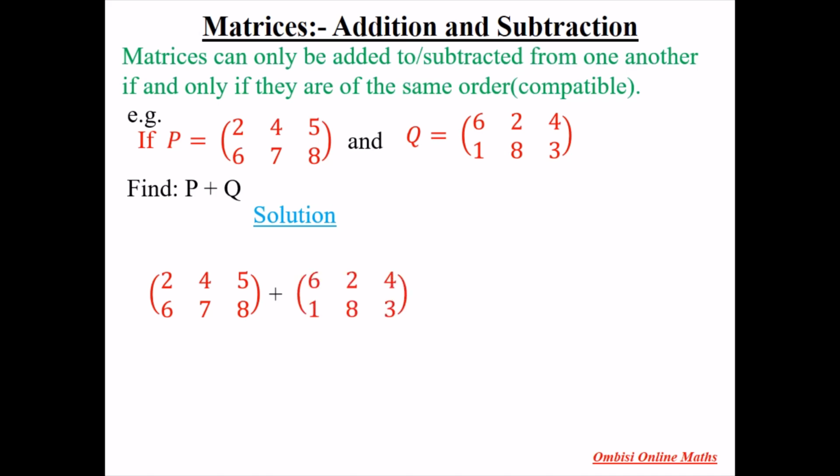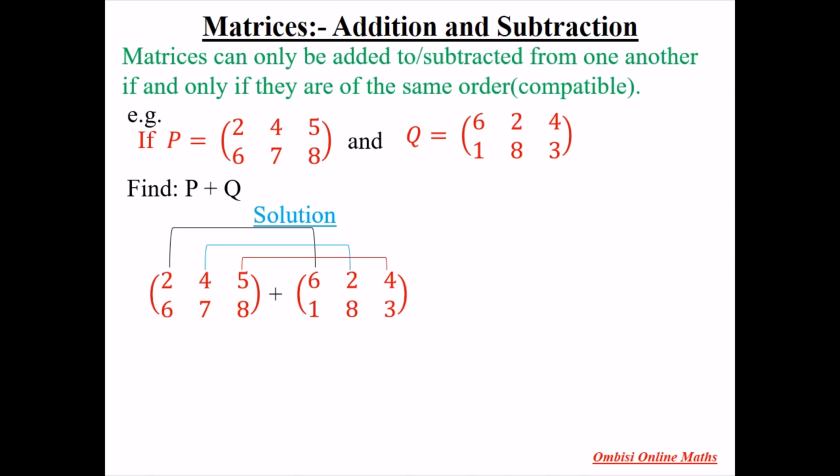When we add the matrices, the first element in the first row of the first matrix is added to the first element of the first row of the second matrix. That means 2 is added to 6. The second element in the first row is added to the second element in the first row of the second matrix, so 4 is added to 2. The same applies to the third element, so 5 is added to 4.